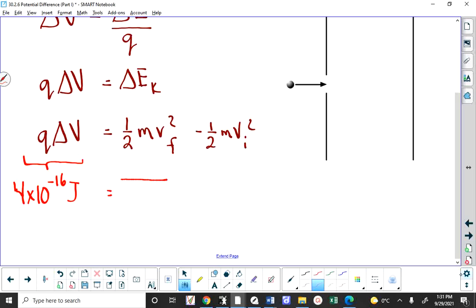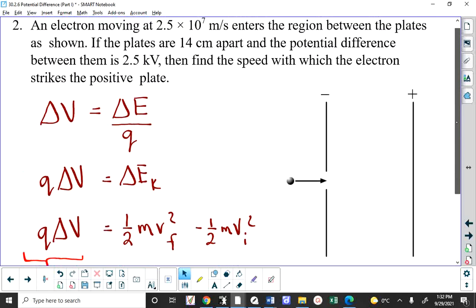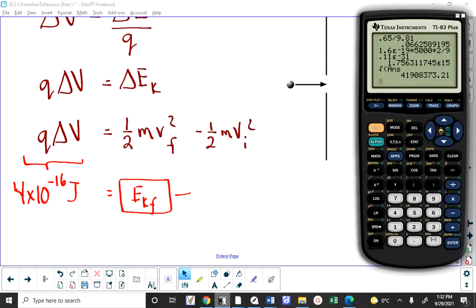Don't worry about writing anything down here. If you want, you can just say this is the final kinetic energy, right? Let's figure out now the initial kinetic energy. So now we're going to do a 1/2 mv squared calculation. And I can't do that in my head. 2.5 times 10 to the 7.